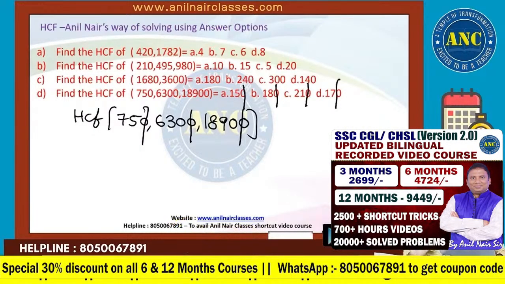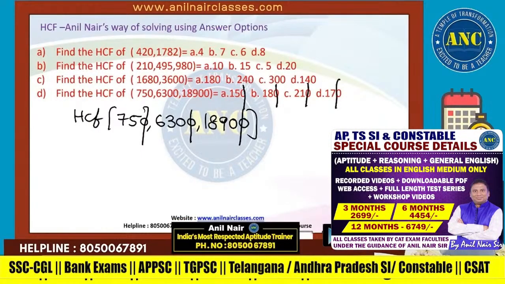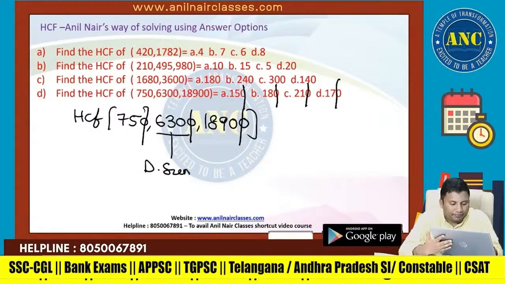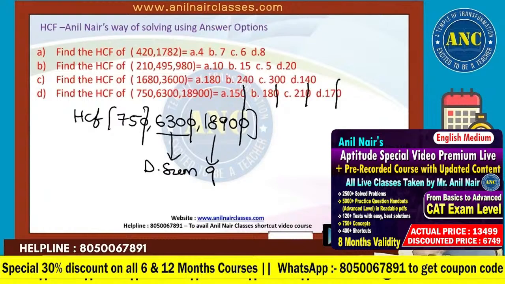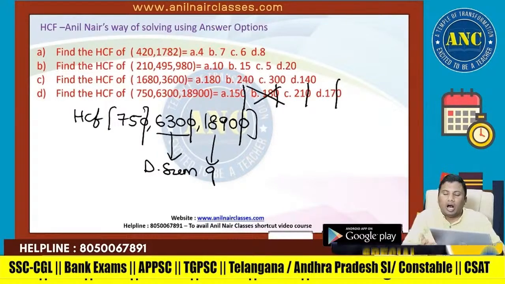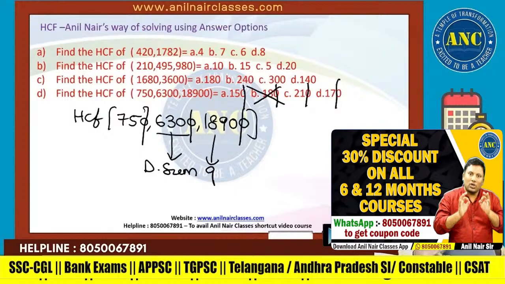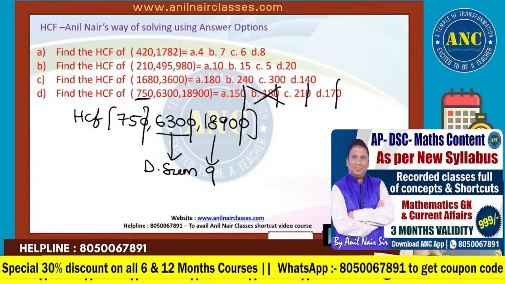Everywhere I will delete. Just by looking at the question I can say 630 digital sum is 9. Here also digital sum is 9. If the option is B, option B digital sum is 9. 750 digital sum is not 9. Out. 180 is eliminated.